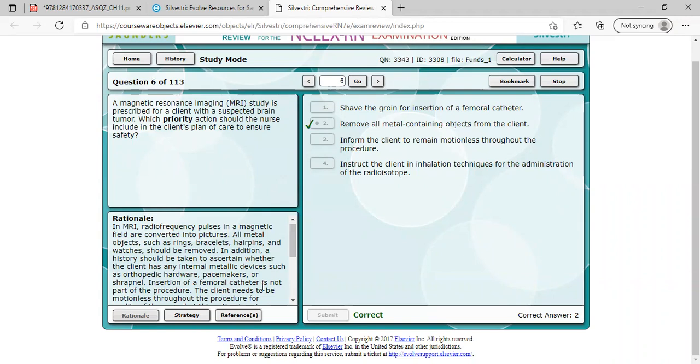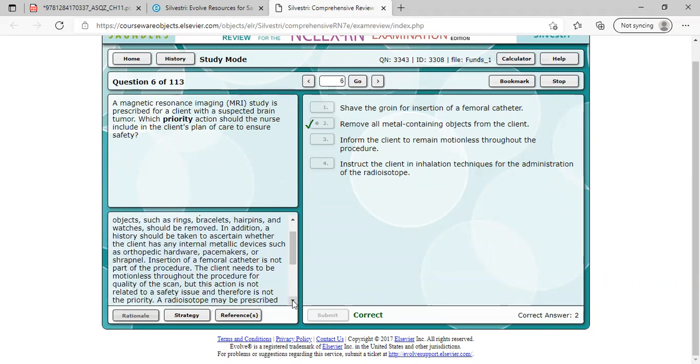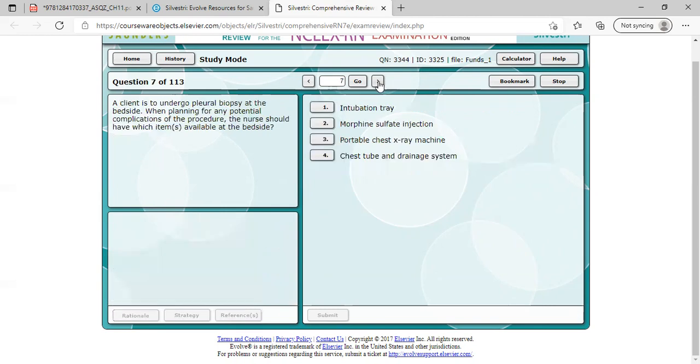Insertion of a femoral catheter is not part of the procedure, and the client needs to be motionless throughout the procedure for quality of the scan. But this action is not related to a safety issue and therefore is not the priority. What next?